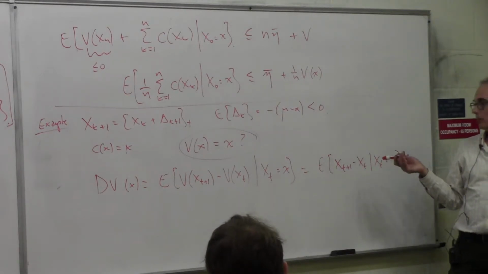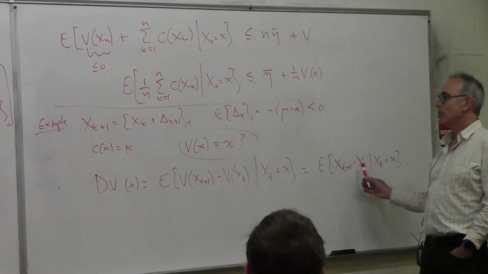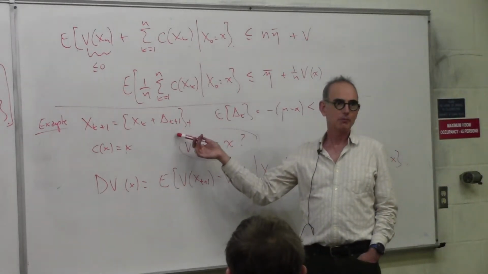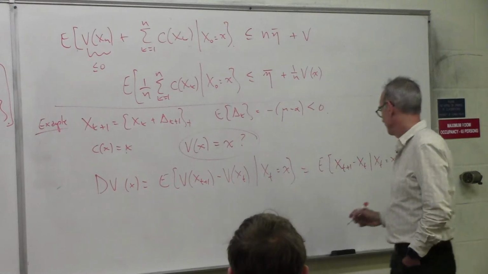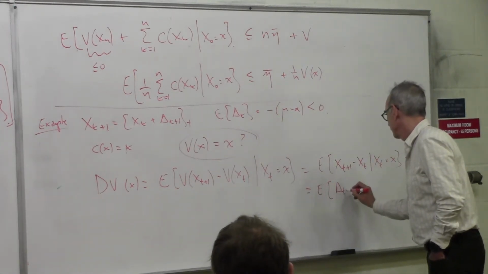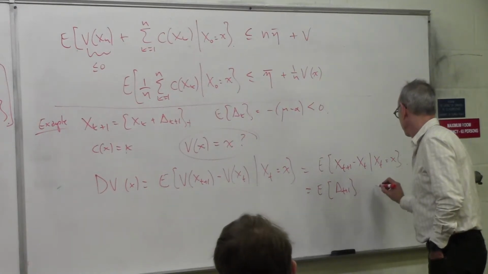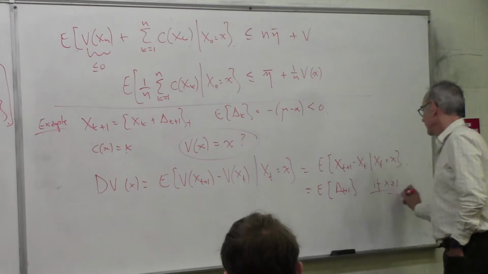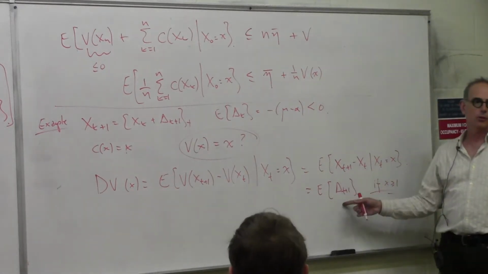You can see we're in trouble because the difference of the increments is just going to be delta, except when it's 0. This difference is just the noise.